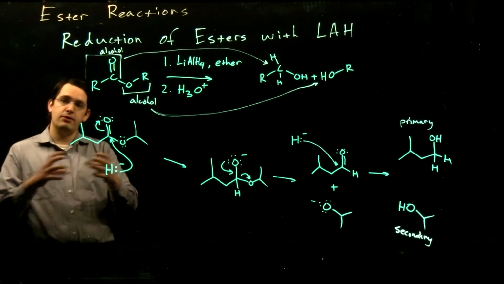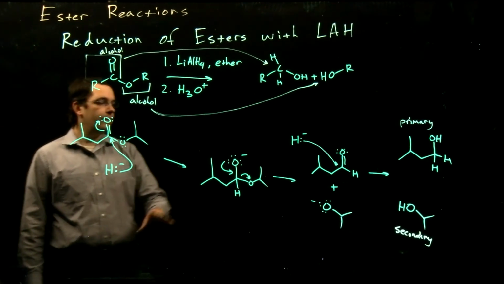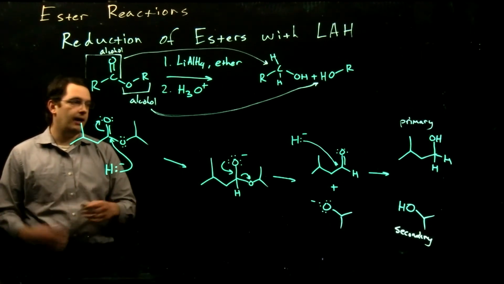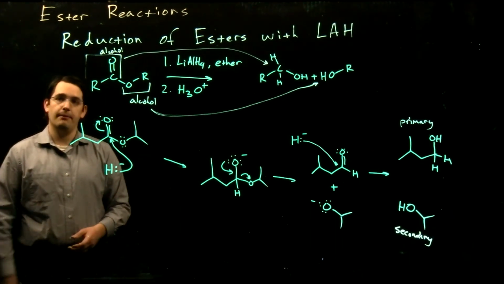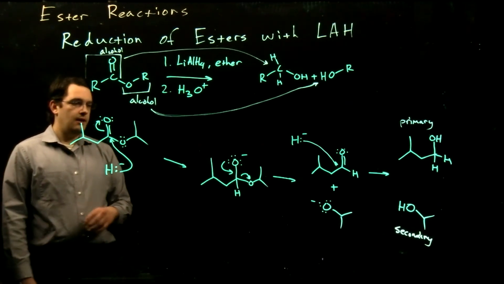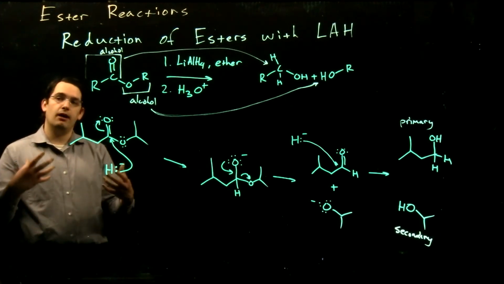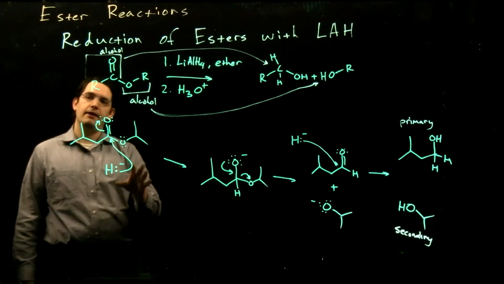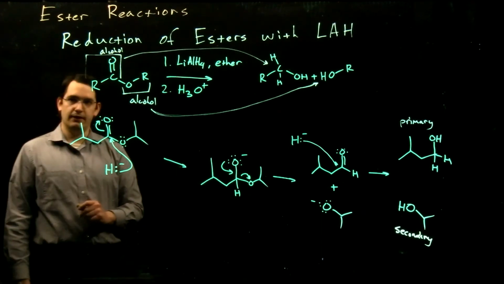We can use that to convert between those different derivatives, but we can also react them more like aldehydes and ketones in order to create a variety of different alcohol-based compounds. So in addition to their important biological roles and their ability to link molecules together into larger molecules, our esters also have important roles in our organic synthesis as well.